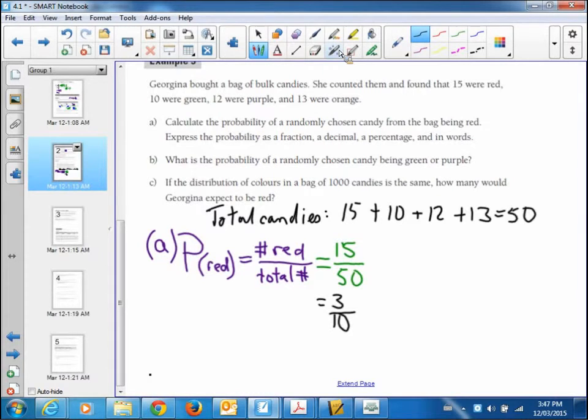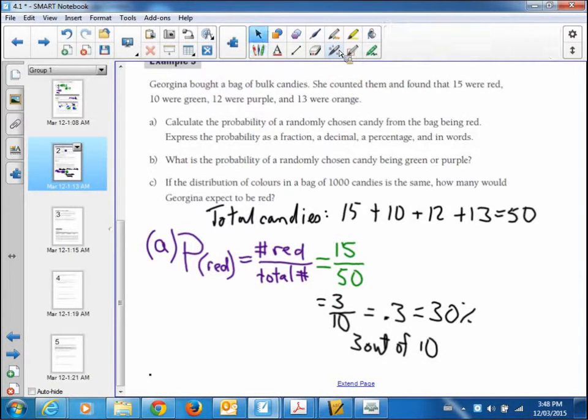If you divide 3 by 10, you get decimal 0.3. And 0.3 times 100 is 30%. And in words, 3 out of 10. All those things mean the same thing.